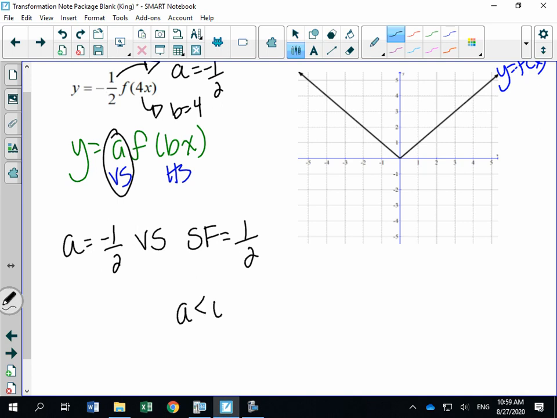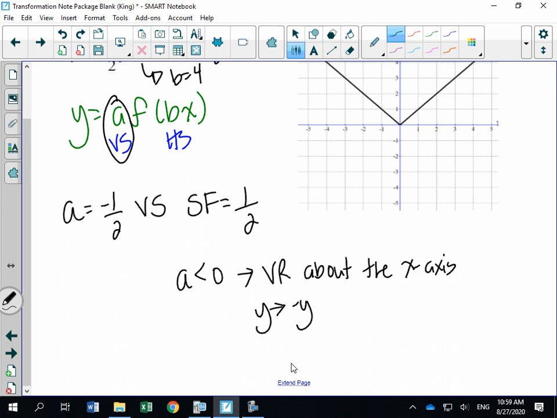So if a is less than 0, it's a vertical reflection about the x-axis, because remember, y is being transformed to negative y, right? So that's going to be a vertical reflection about the x-axis. So if your a is negative, the vertical stretch factor is 1/2, but that negative is a vertical reflection about the x-axis.